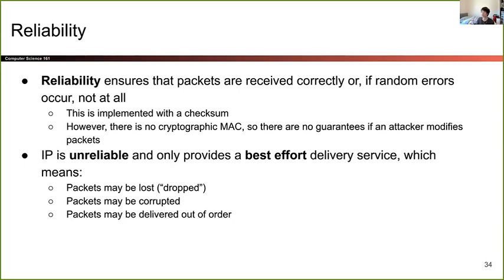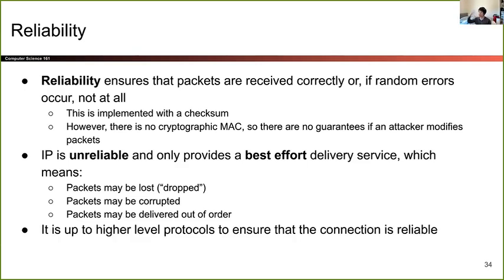These are not great attributes of the internet protocol, but it's going to be up to higher layers to build a reliable connection on top of this. So IP only says, okay, thank you for the packet, I'll do my best to get it to its destination, but there is absolutely no guarantee here whatsoever.